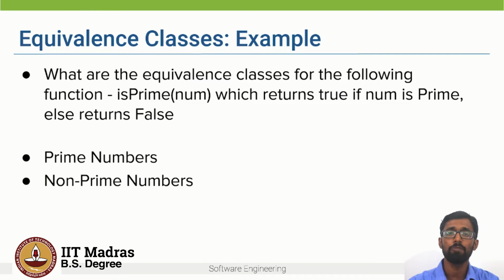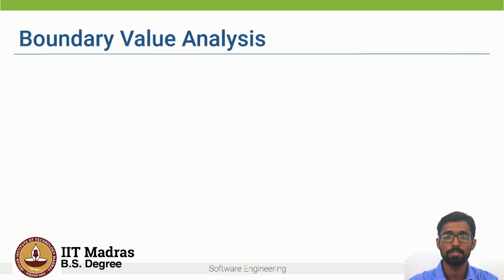So now that we have found what the equivalence classes are, another important thing which we need to do is what is known as boundary value analysis. As we write programs, many times our tendency is to miss values which are at the boundaries, or the boundary conditions. And many programmers get confused about which operator to put.